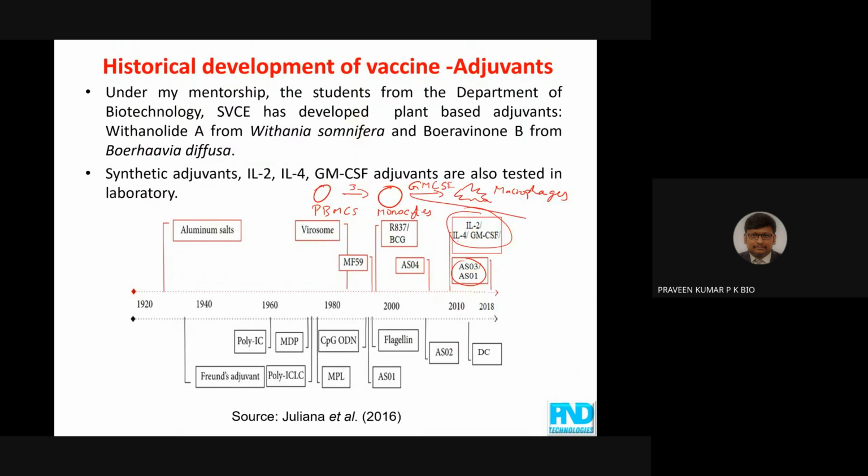But in my case, if I want to produce dendritic cells, which have long arms, these are mature dendritic cells. Then obviously we have to treat the same culture with GM-CSF and IL-4.